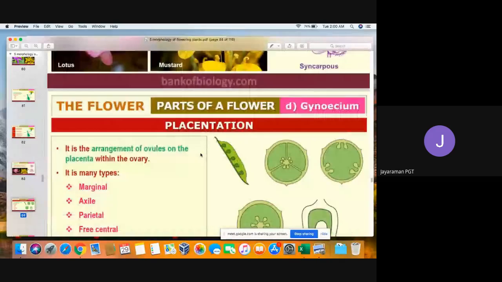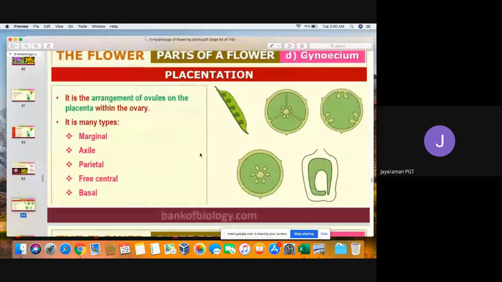Going to the last topic today, placentation. Placentation means arrangement of ovules in the ovary. How are the ovules attached to the ovary? You can see in the picture, the ovule is there. It is not loose, not disconnected. It is connected at least at the developing stage.